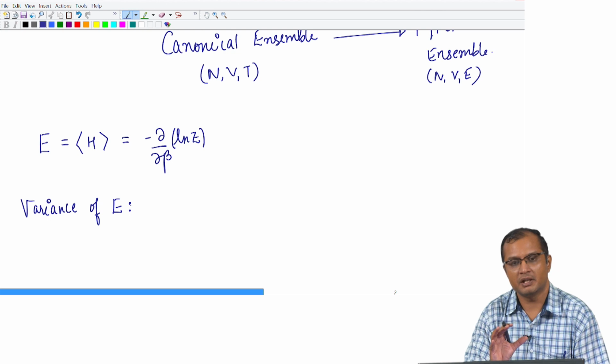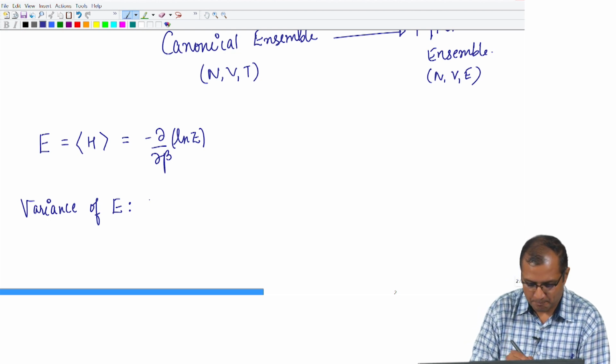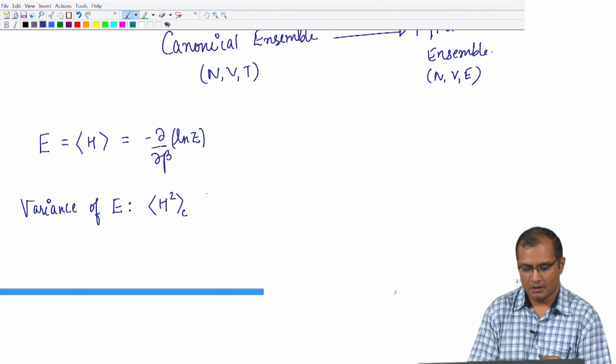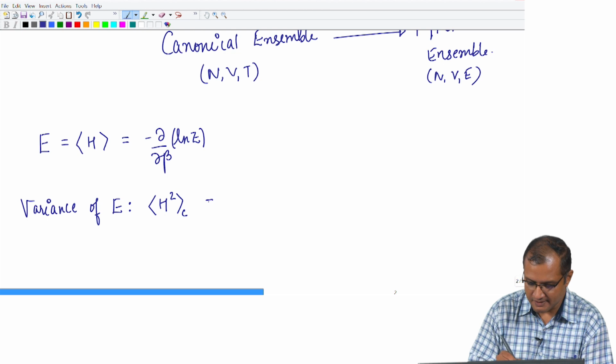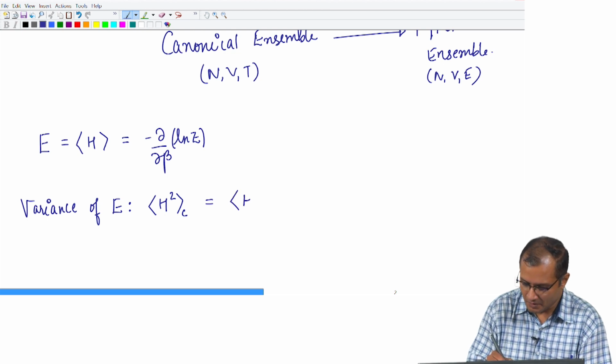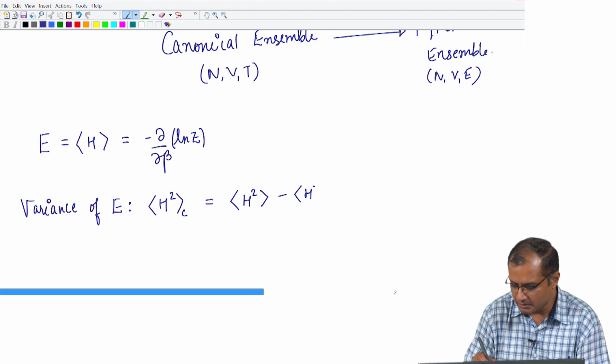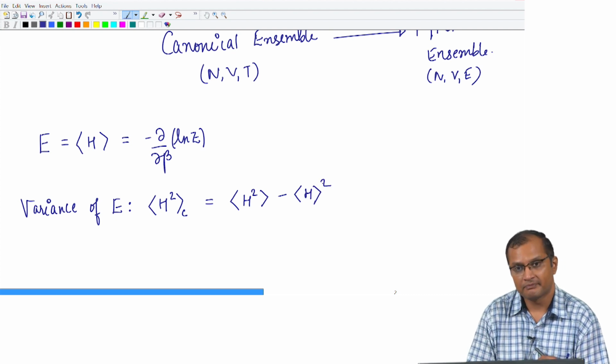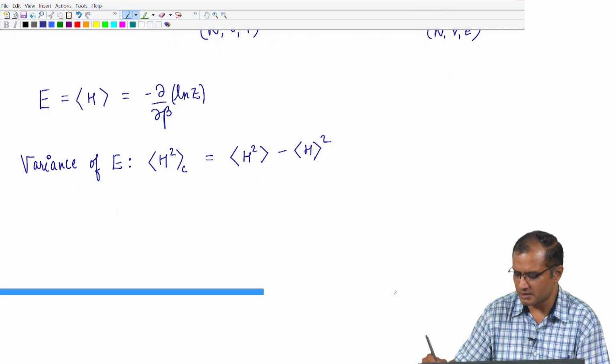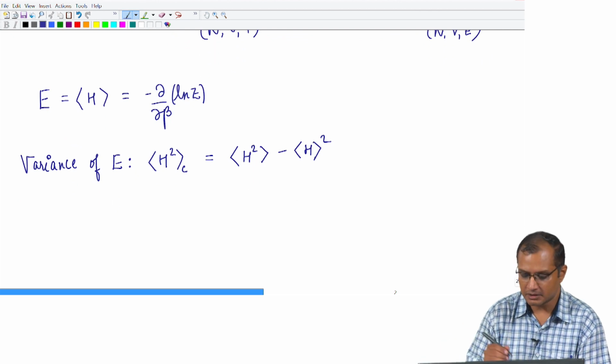The variance would be the second cumulant of the Hamiltonian. Now this is defined as the second moment minus square of the first moment. So the technique remains very similar to calculate it.